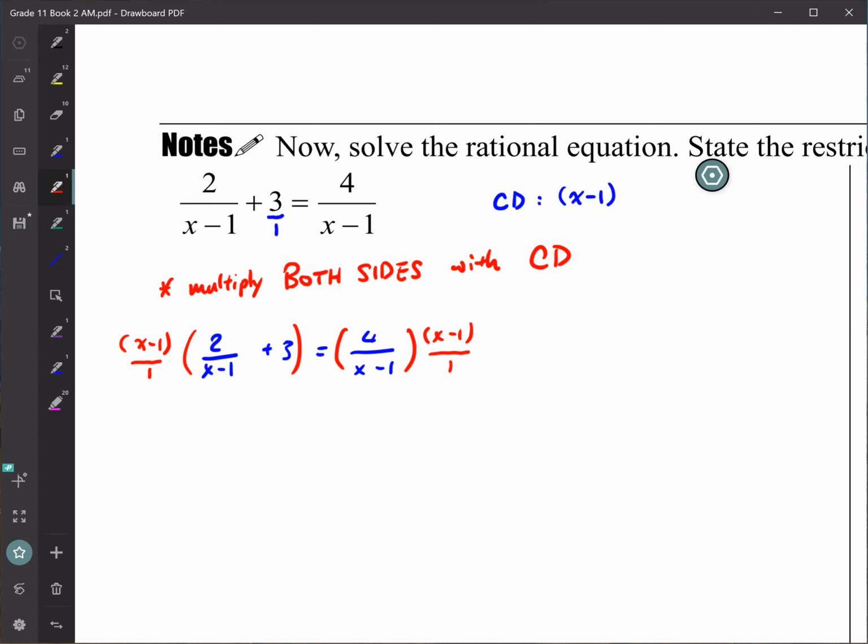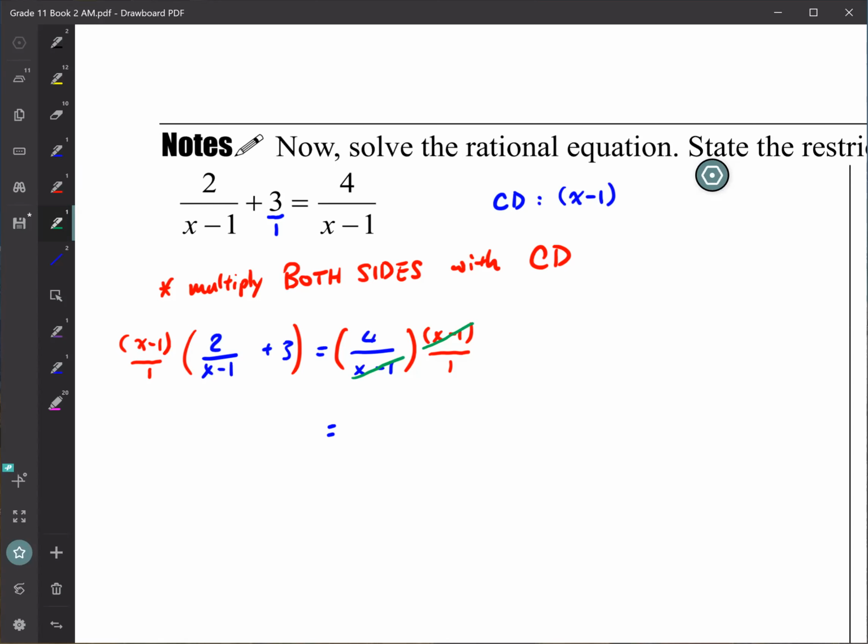Right, first thing, we get a common denominator, and then we multiply both sides with that, right? And let's see what that will do to the equation now. Well, look at the right side. Because the denominator and the numerator are the same, we can reduce.